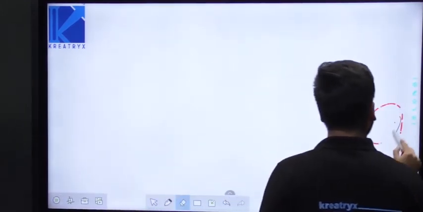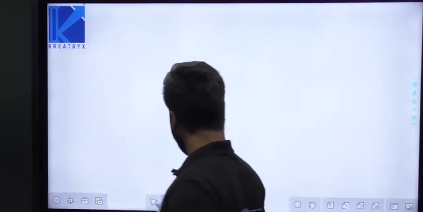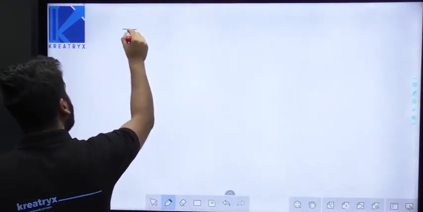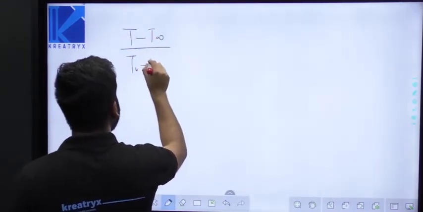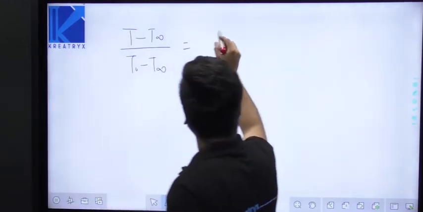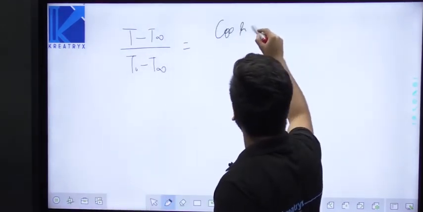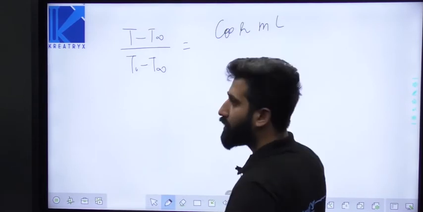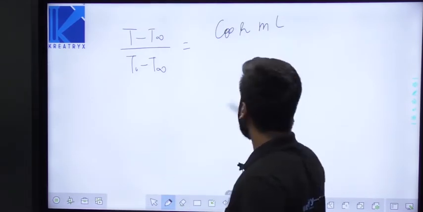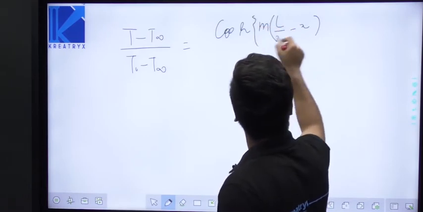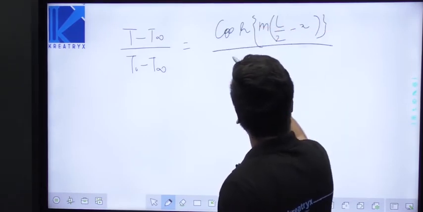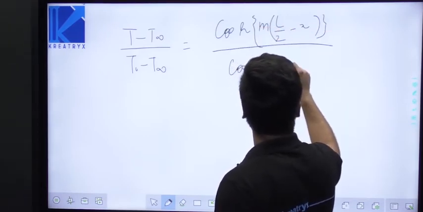So what was this case? This was a case of an insulated tip fin. For an insulated tip fin, T minus T infinity upon T naught minus T infinity is equal to cos hyperbolic M(L by 2 minus X) upon cos hyperbolic ML.